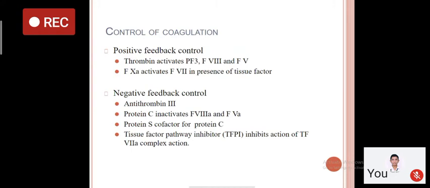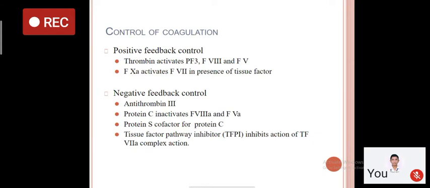So, how is this coagulation cascade controlled? Control of coagulation is by positive feedback control and negative feedback control. The positive feedback control is that this is a cascade. This means the one protein which is activated activates itself as well as the next protein in the pathway.